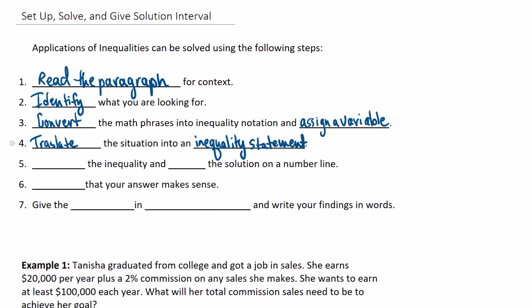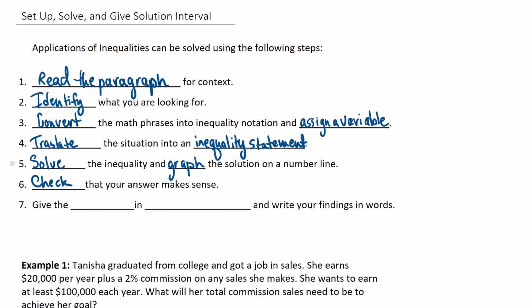Step 5, solve the inequality and graph the solution on a number line. Step 6, check that your answer makes sense.